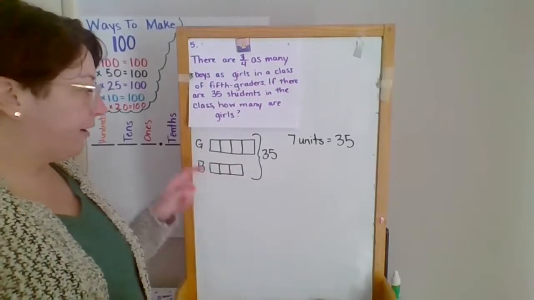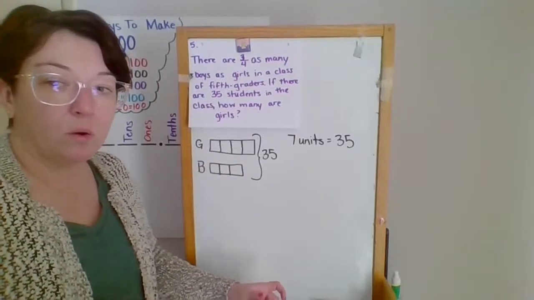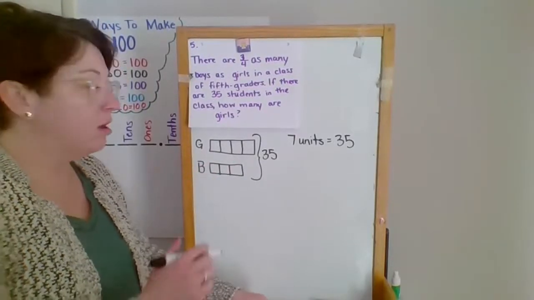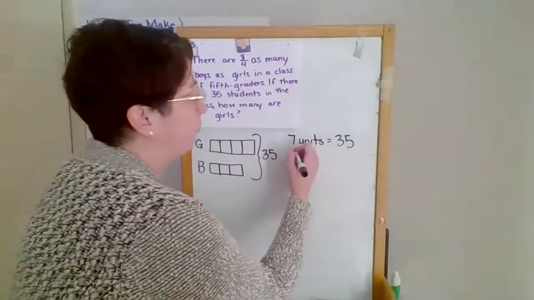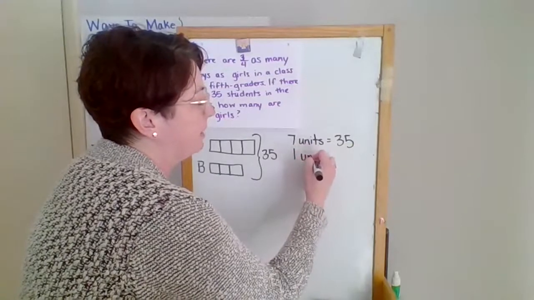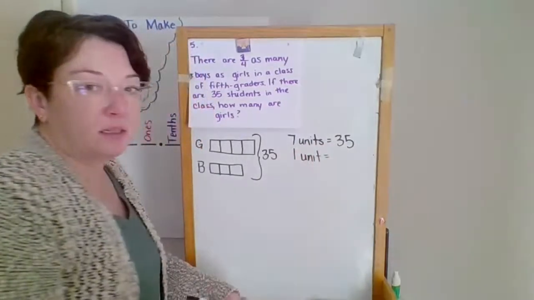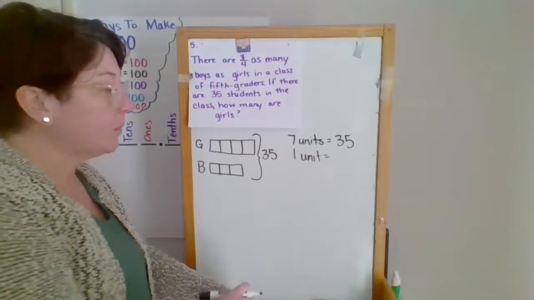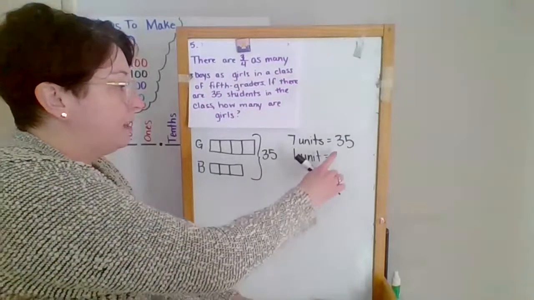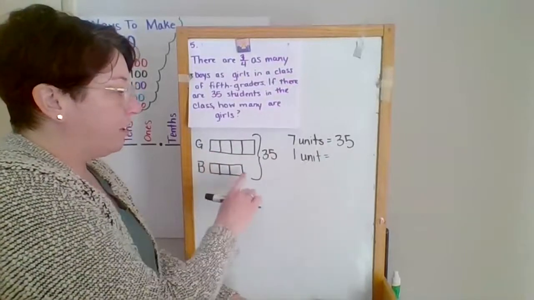To be able to figure out how many girls and how many boys, we need to know what is one box worth. Okay, so we're going to find 1 unit. This probably reminds me of number 1 because we know a total and we have to figure out what 1 unit is.